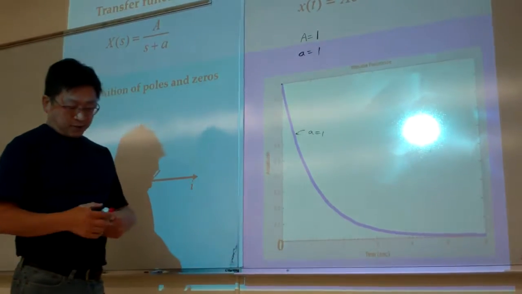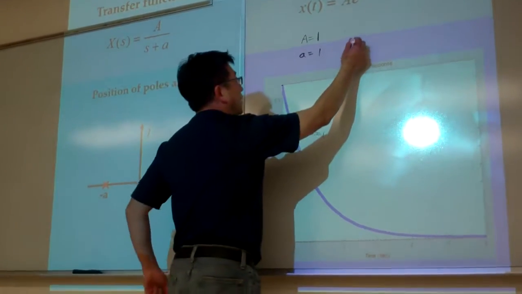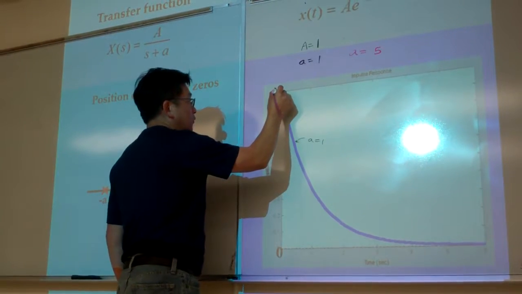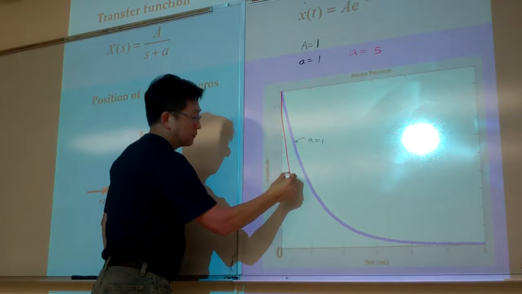Then let me make another example: if you try another parametric study, say a equal to 5, then that corresponds to this one here.